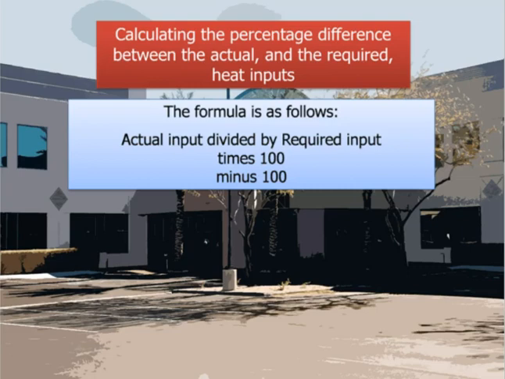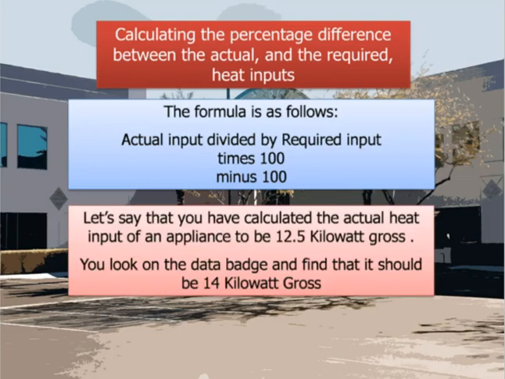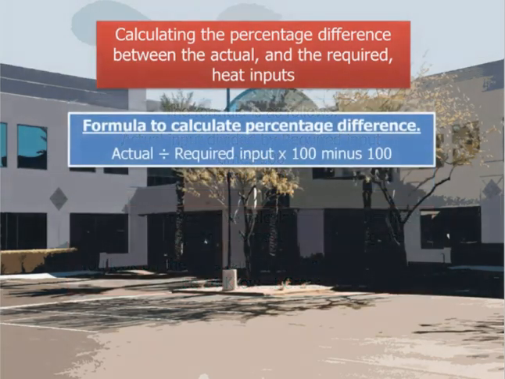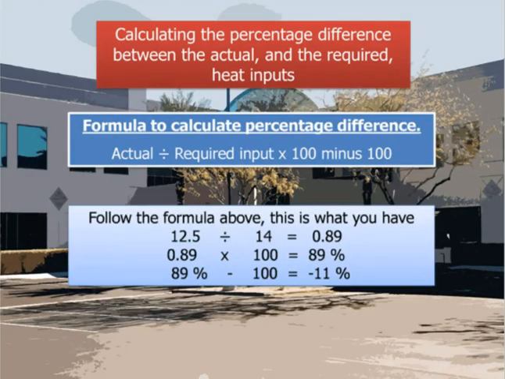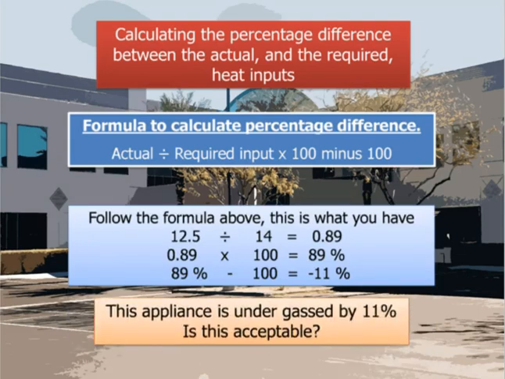Let's say that you've calculated the actual heat input of an appliance to be 12.5 kilowatts gross. You look on the data badge and find that it should be 14 kilowatts. Using the formula provided, calculating the result, we can see that the appliance is undergassed by 11%.